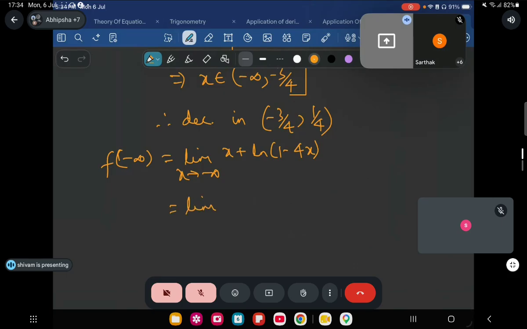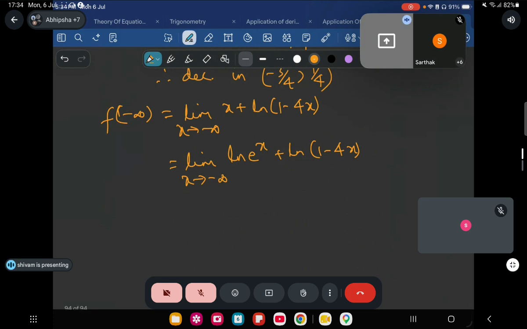Can I write it as limit x tends to minus infinity, e to the power x plus ln of 1 minus 4x? I think this will be better. This will be ln of e to the power x into 1 minus 4x.